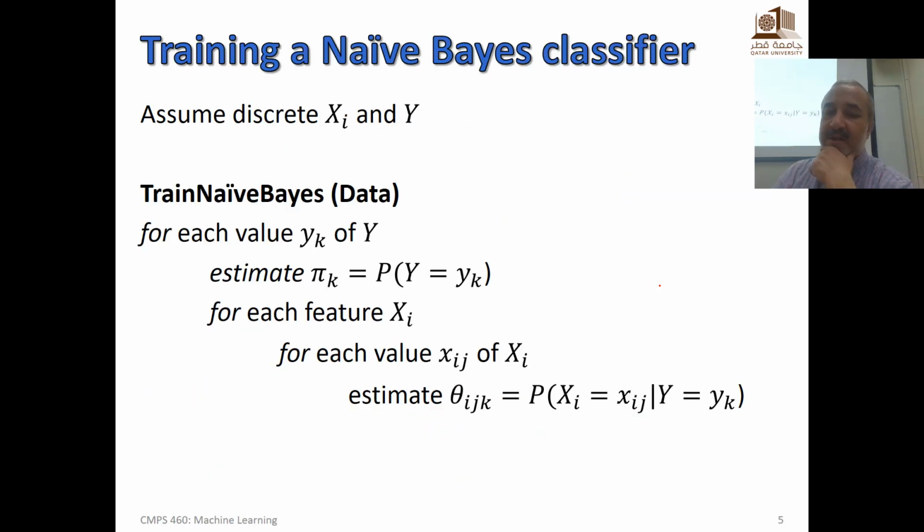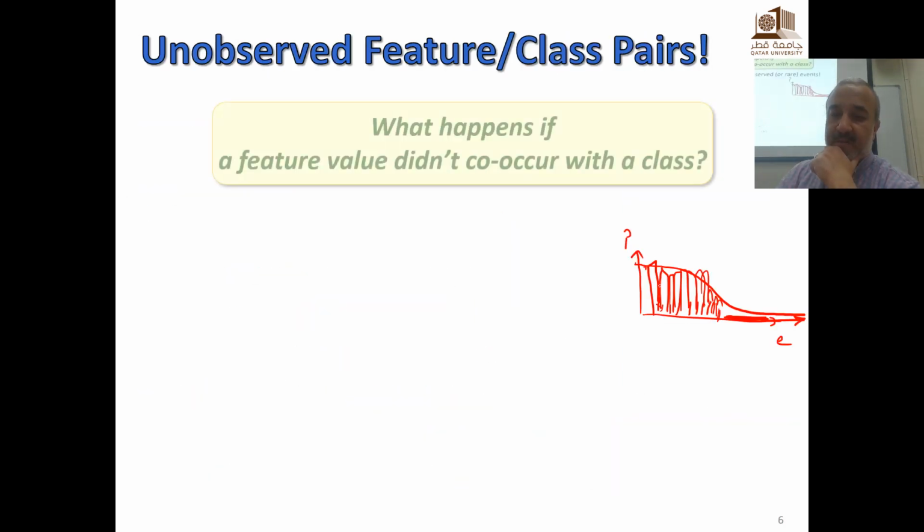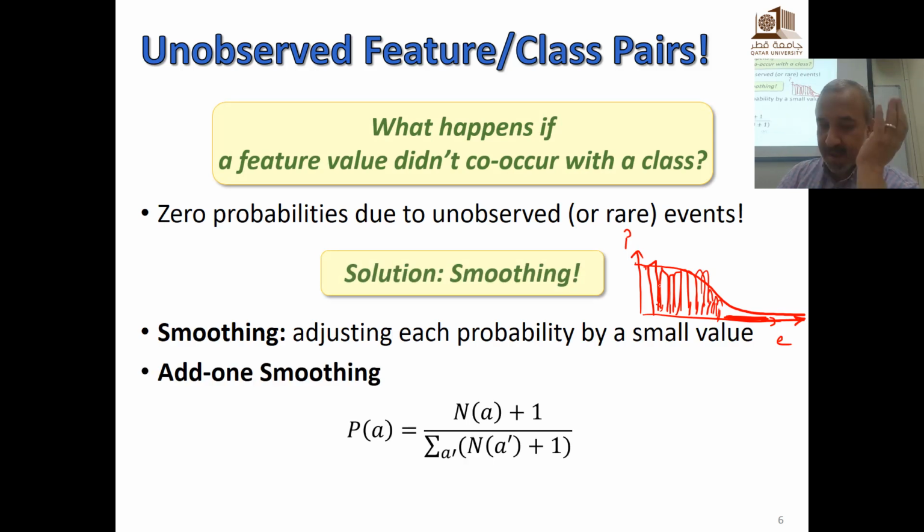Of course, there are other types of smoothing. There is another type called Laplace smoothing, where you add a small value to each feature value. But we'll just stick to add-1 smoothing as an example of the concept for this class.